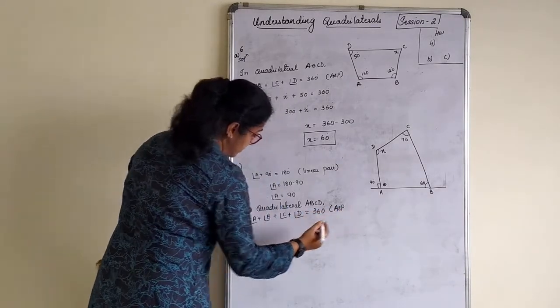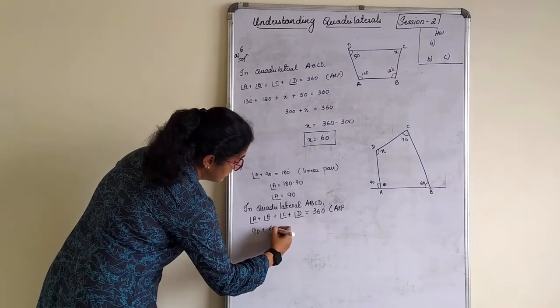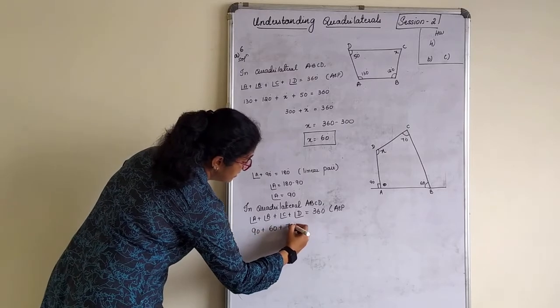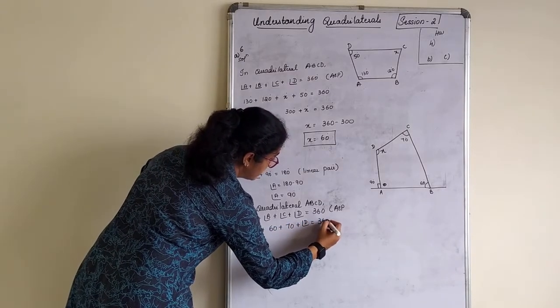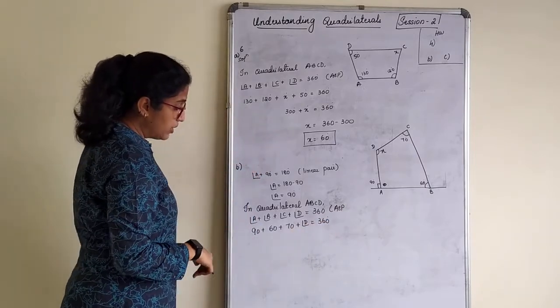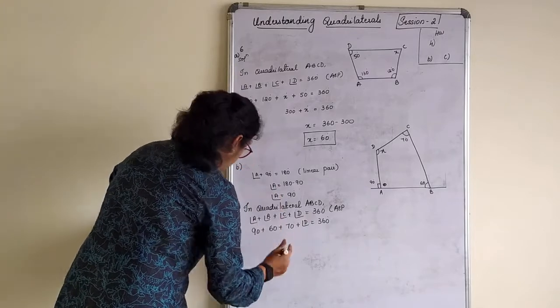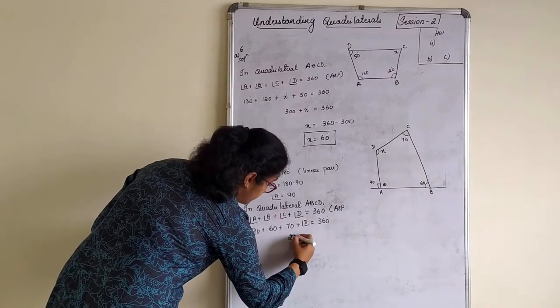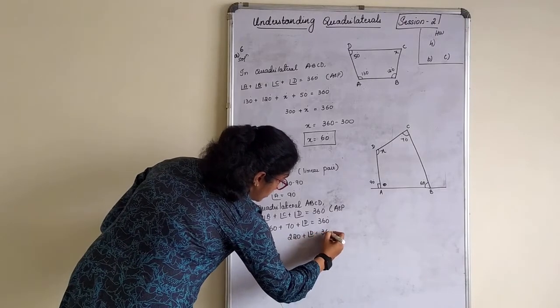Angle sum property: angle A is 90 plus angle B is 60 plus 70 plus D is equal to 360. 90 plus 60 is 150, 150 plus 70 will give you 220. 220 plus D is equal to 360.